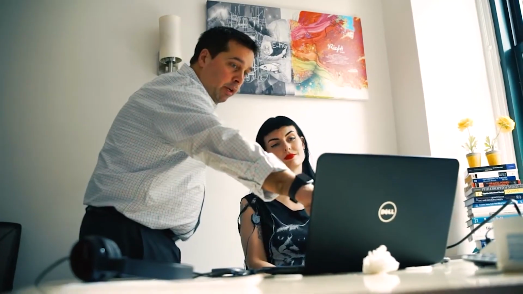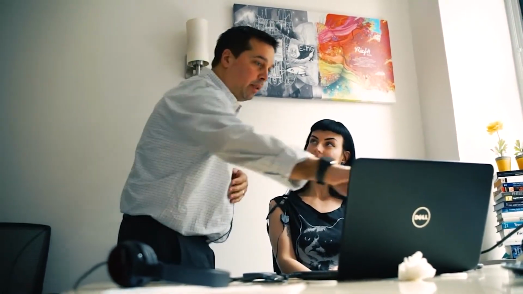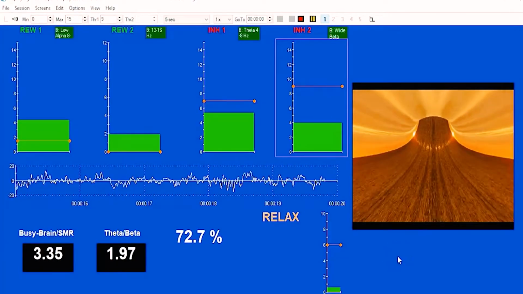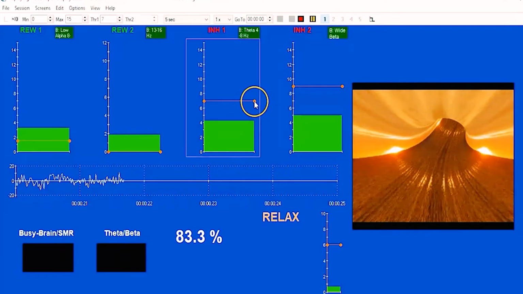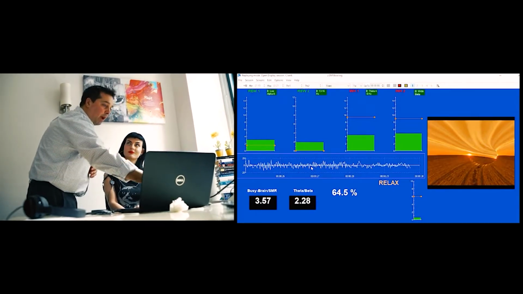So what we see on the screen here is just an animation that will move when Jane's brain behaves in a more normal pattern or a proper pattern. The animation will stop when her brain is outside of that normal pattern. These bars on the left illustrate the different frequencies that we're training, okay? So we are training some of her faster brain waves to slow down, all right?